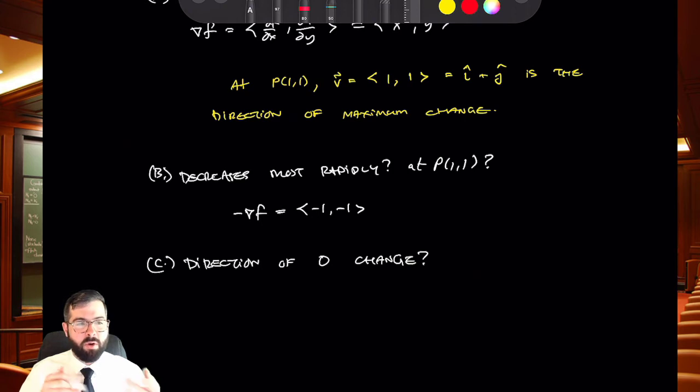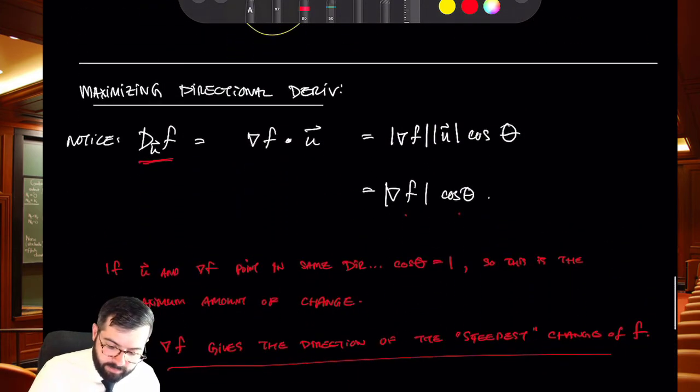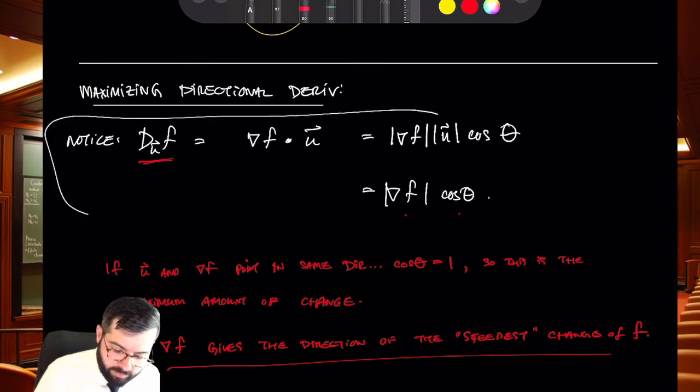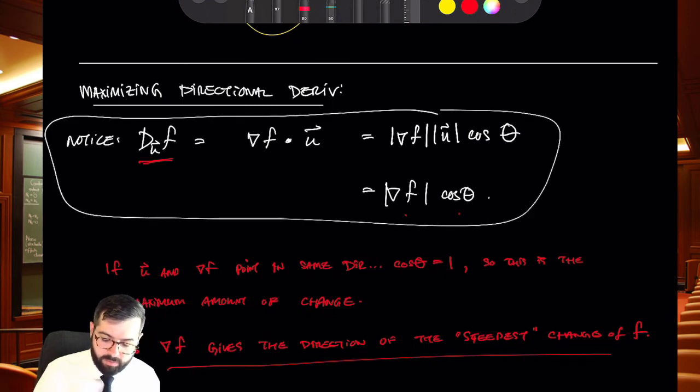And to be orthogonal to the gradient of f means you have 0 change. That's the direction of 0 change. If the angle is 90, then the derivative in that direction is 0.